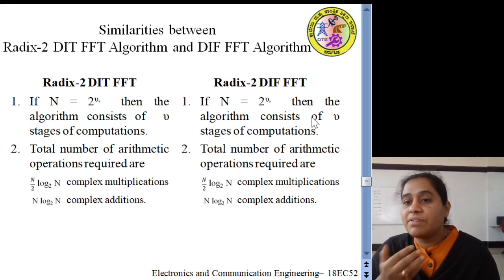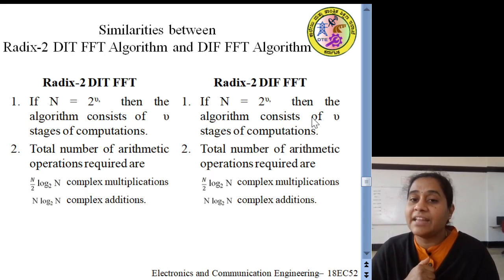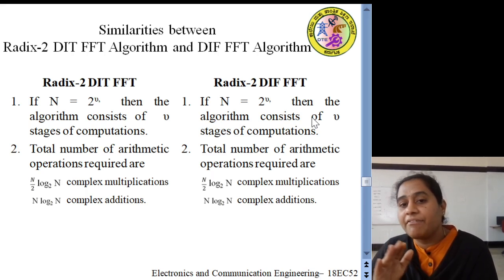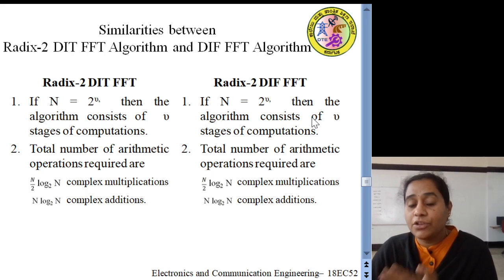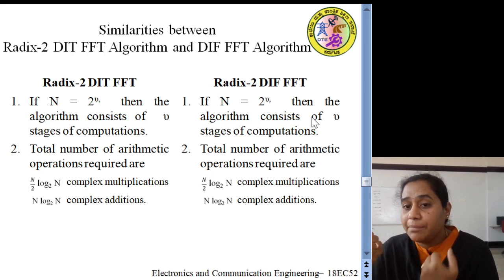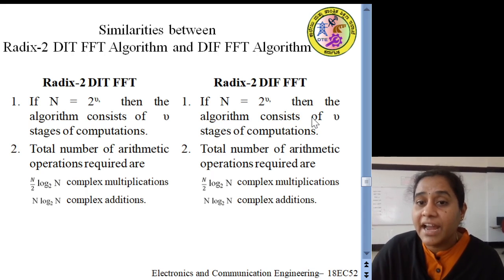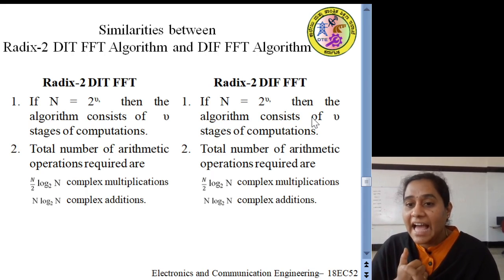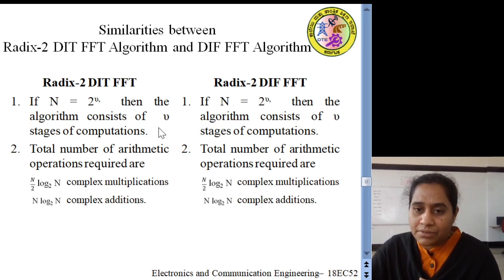In both the DIT as well as the DIF FFT algorithm, if we consider an 8-point DFT, then N is equal to 2 to the power 3. So for finding the 8-point DFT, we require three stages of decimation, both in the DIT FFT algorithm as well as the DIF FFT algorithm. This is the main similarity between these two algorithms.